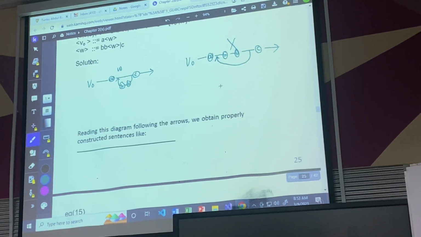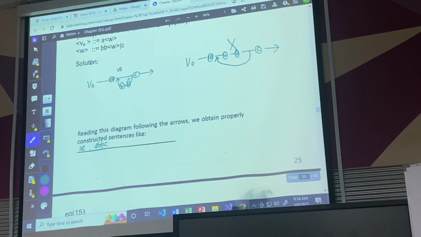AC. Yeah, AC, correct? The shortest one. Followed by ABBC, right? If you go to the loop once, then you have 2 B's only. So you have A, B, B, C.